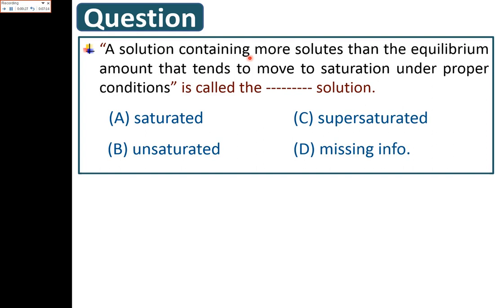Actually, the saturated solution is the solution containing exactly the amount of solids required to form the saturated solution, but more than this amount is given for the supersaturated solution. So the answer will be supersaturated solution.